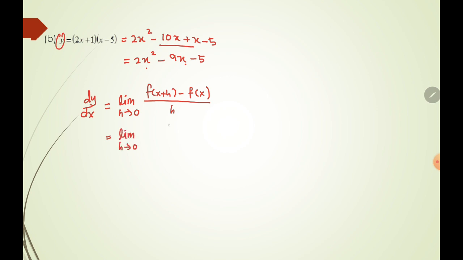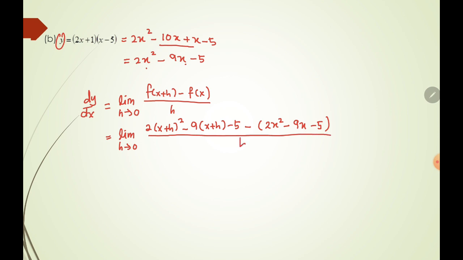We have limit h approaches 0 of 2 times (x plus h) squared minus 9(x plus h) minus 5, minus the actual function, 2x squared minus 9x minus 5, over h.